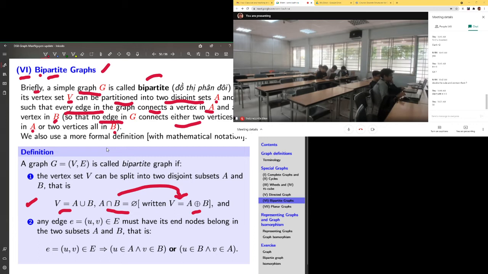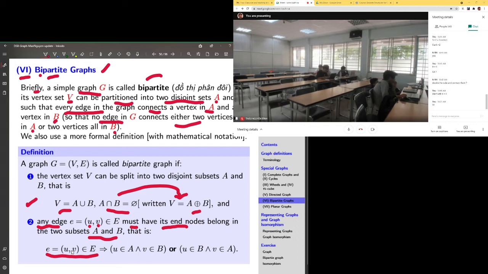You see, we do not allow u and v at the same time to belong to A or at the same time to belong to B. So mathematically, if you have this connection, then if u belongs to A, then you must have the second endpoint belong to B. Or the other way around, if the first node belongs to B, then you have to push the second node here to belong to A. You understand me?